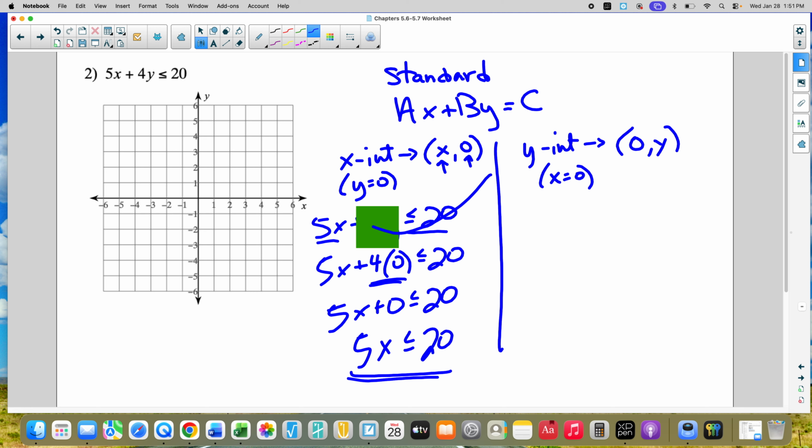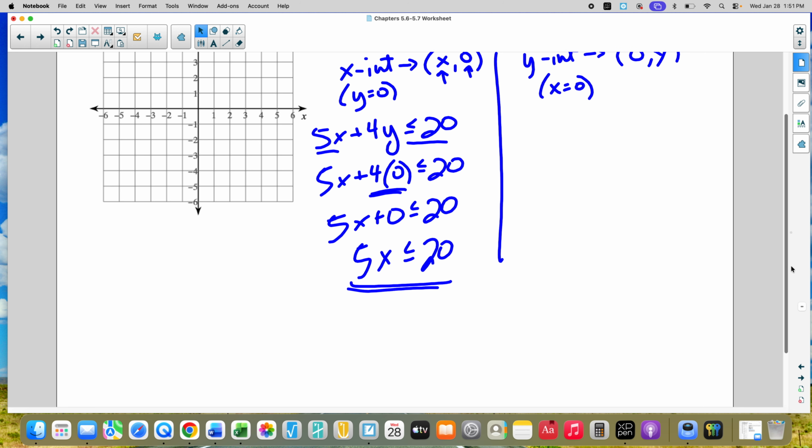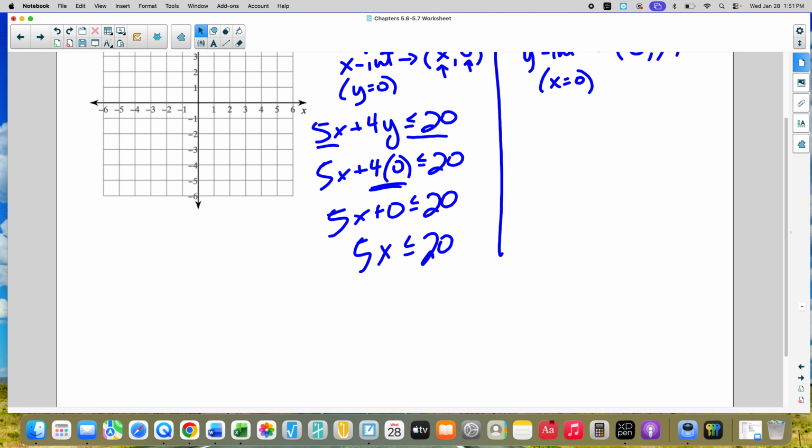So I'm not done when it says 5x is less than or equal to 20. I still have to solve it. I still have to isolate x. So I will divide by 5 and I get x technically equals 4, because this is my x-intercept.